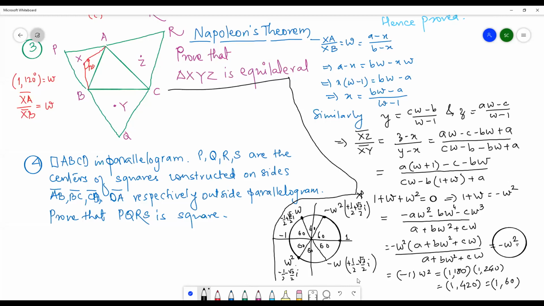Once you go to two sides' terms, it cancels immediately. Correct. So you have to use that property of a parallelogram, that opposite sides are congruent and parallel. Unless you use that, you will not get the simplification, and it is not going to be possible to prove this. So you have to use that property.